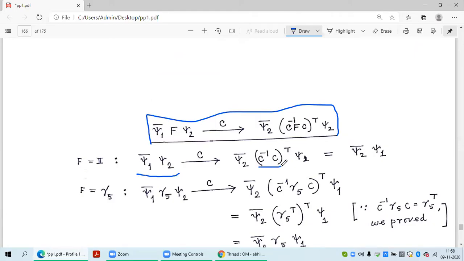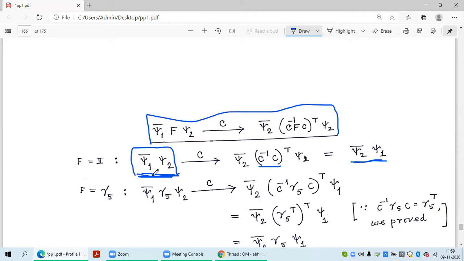C inverse C is identity, whose transpose is also identity. So you get psi2. Clear? So this object and this object are not the same. They are 1 and 2 swapped.